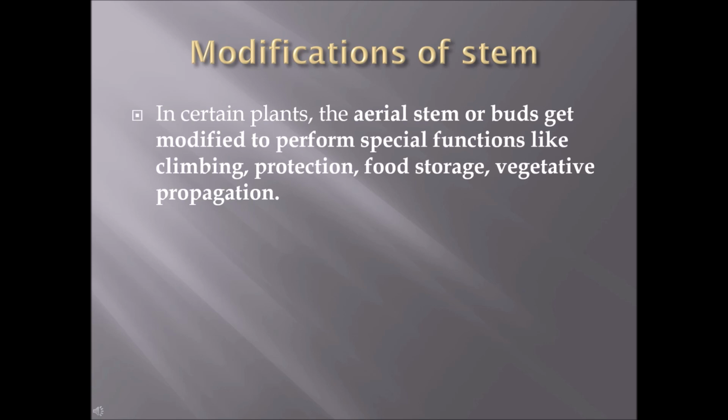Like climbing, protection, food storage, or vegetative propagation. That is, if a part of the plant falls onto a suitable substratum, it will grow into a new plant. So instead of performing the usual functions, when the stem is modified, it performs some different functions. That is called modification of stem.